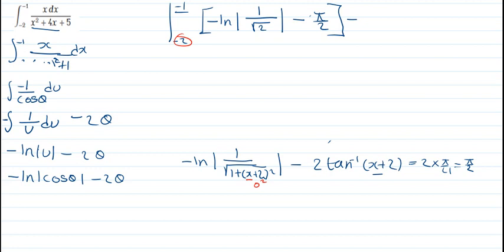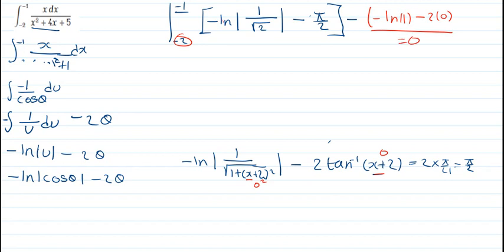Meaning that we are going to have negative natural log of 1. Then minus 2. When you put negative 2 here, it's going to be a 0. Tan inverse of 0 is simply 0. Meaning we are going to multiply this by a 0. So this whole lot of the lower limit is going to give us a 0.